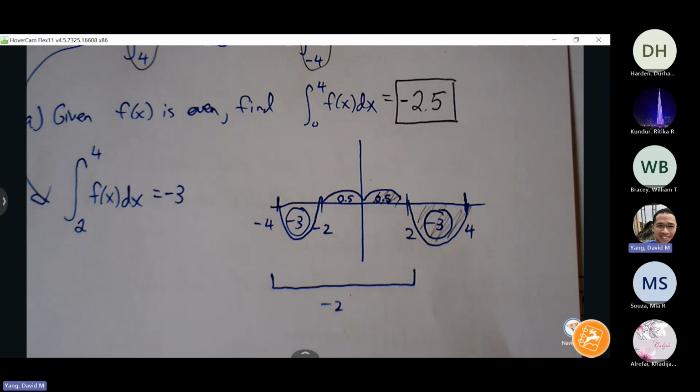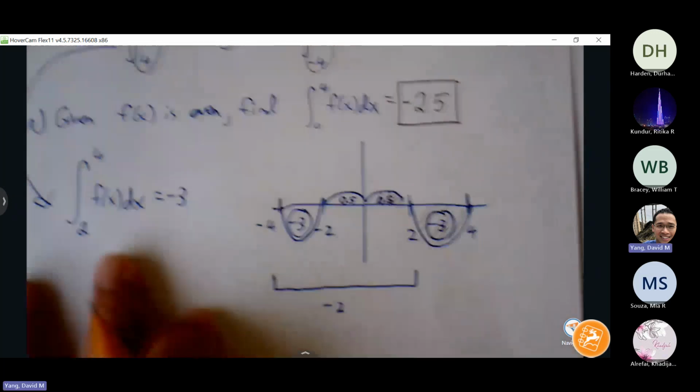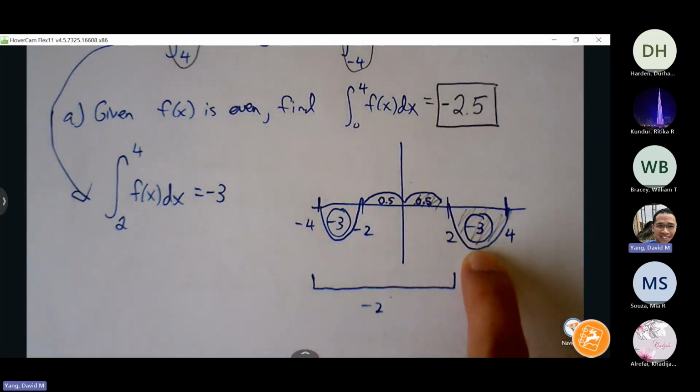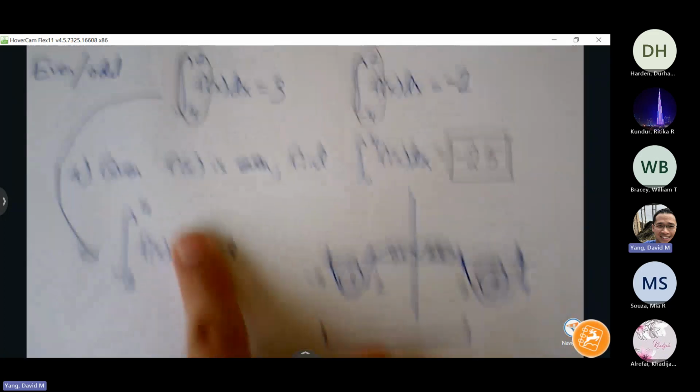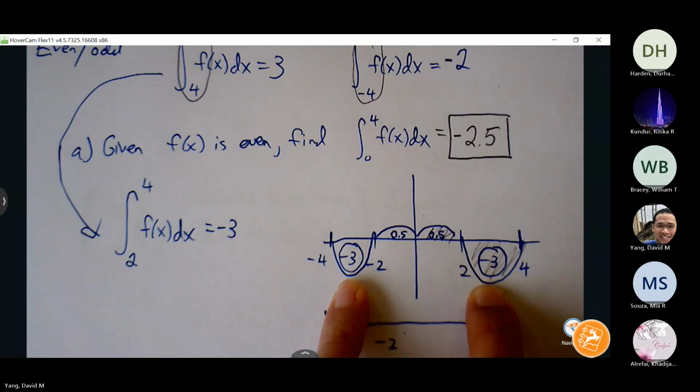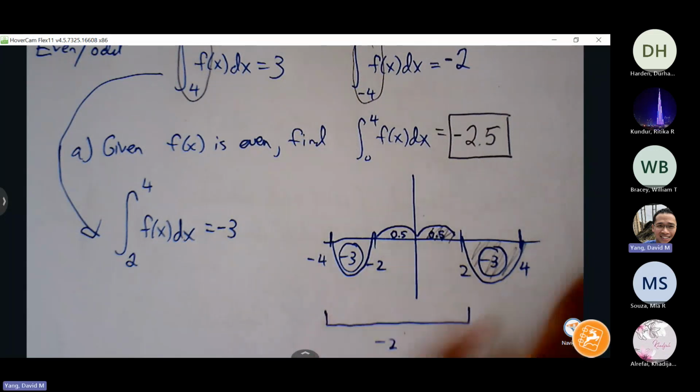How do you get the -4, -2 coordinates? Oh, so we know that this is given to us, right? But if it's an even function, what has to happen on this side? It's got to be a mirror image, right?